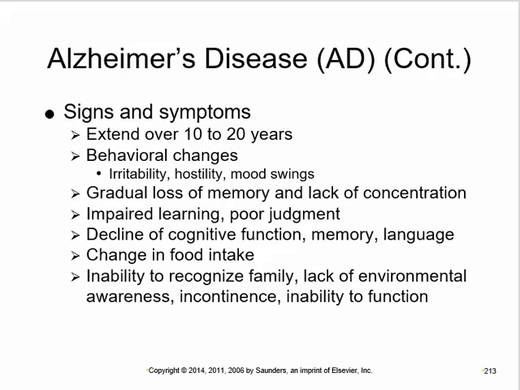Anybody, and I know a lot of you work in old age homes and nursing homes, and you've obviously seen it. There's a loss of memory, especially short-term memory, an inability to concentrate, really poor judgment, and the decline of cognitive function. They start becoming like children again.